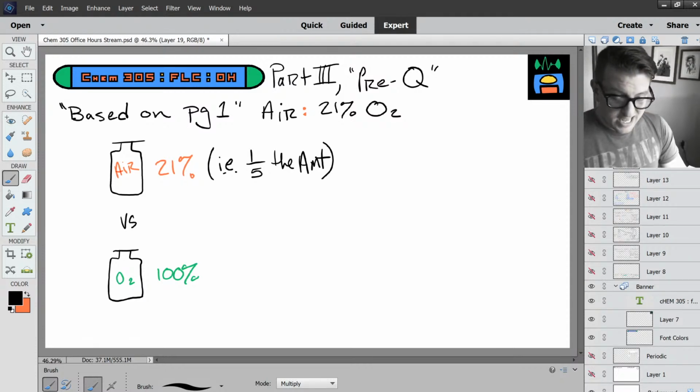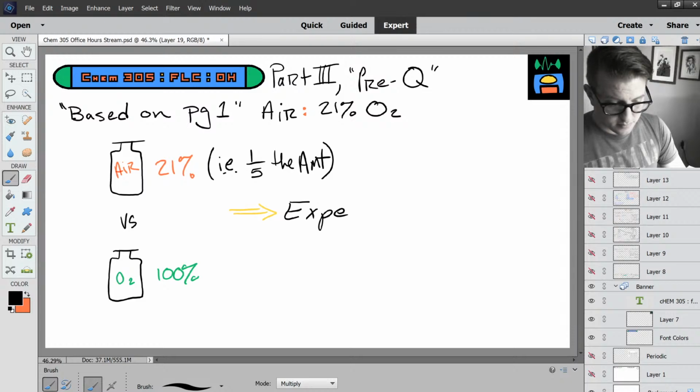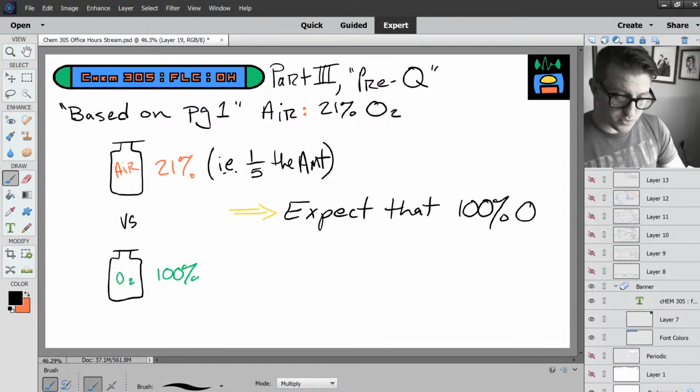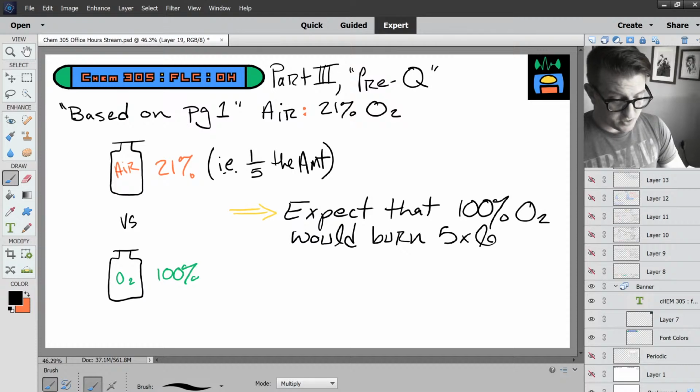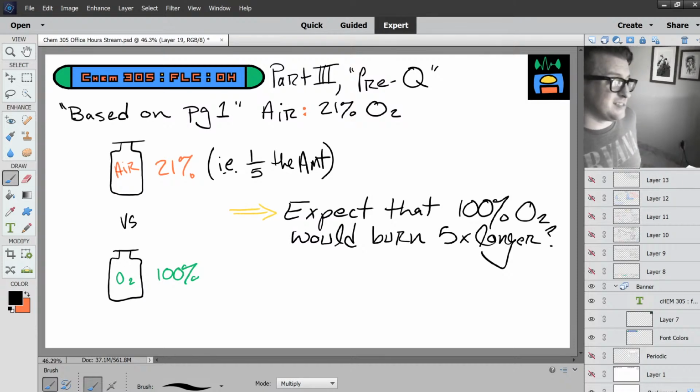So based on that, I would expect that 100% O2 would burn 5 times longer. It doesn't.